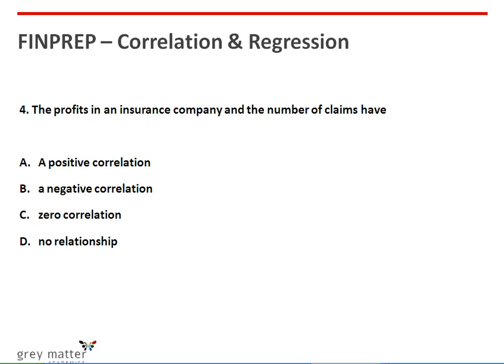The reason being, if many deaths occur, then profits in an insurance company reduces, and vice versa. If there are fewer claims, then the profits tend to increase in an insurance company. So going by the option, it is B as per PowerPoint presentation. So the answer is a negative correlation exists. So B is the answer or the option.